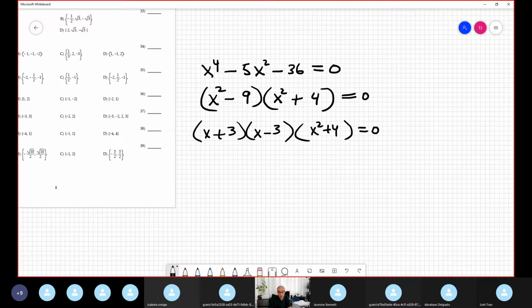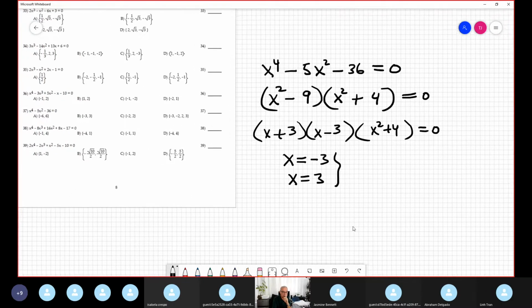Basically, I don't need to do synthetic division. To answer that question specifically, we have two real zeros, at x equals negative 3 and at x equals 3. End of the story. That's the answer to that question. Synthetic division is not necessary.